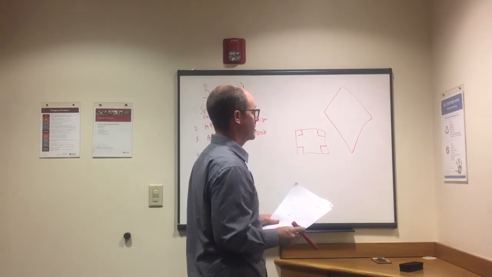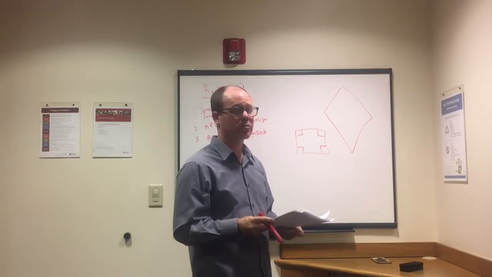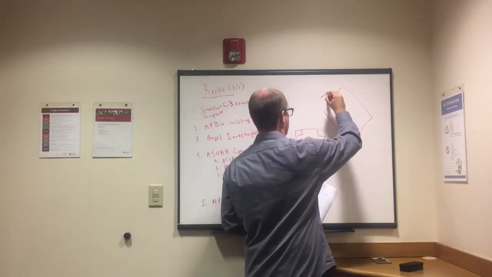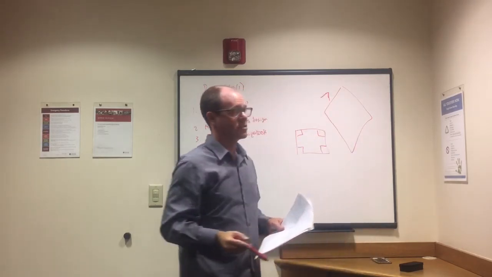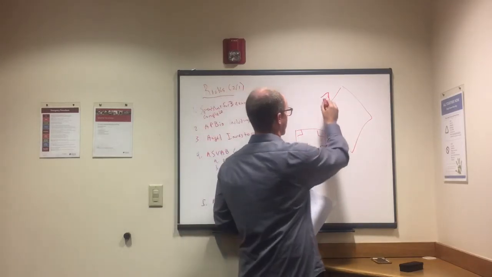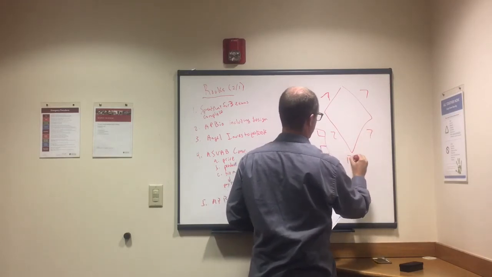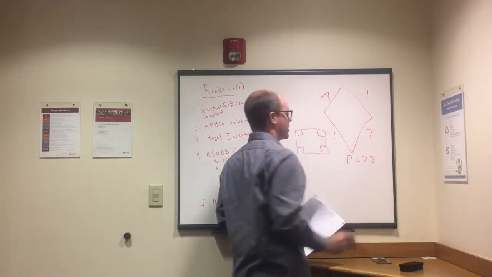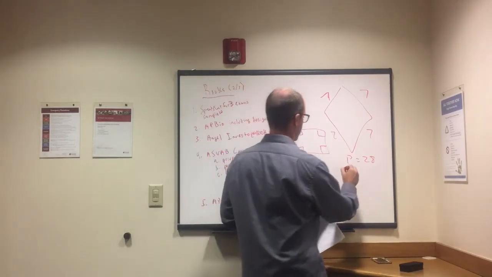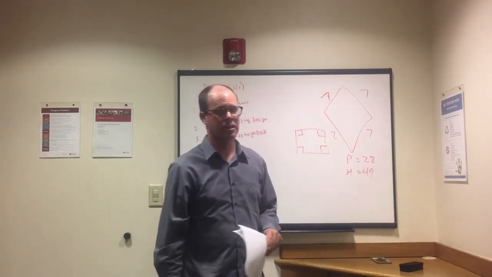So if it said, given that you have a rhombus, and one side is a 7, what is the perimeter of the rhombus, or what is the area? For perimeter, if we know that one of these is 7, then we know they're all 7, all 4 sides. So the perimeter would be 28, just adding 7 plus 7 plus 7 plus 7. Area would be 49. 7 times 7 is 49.